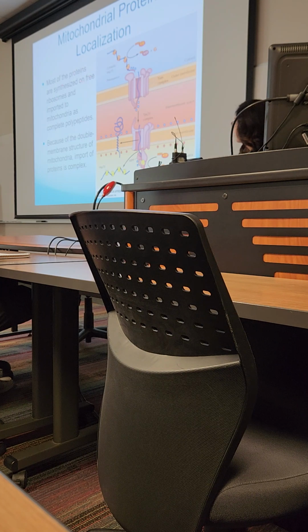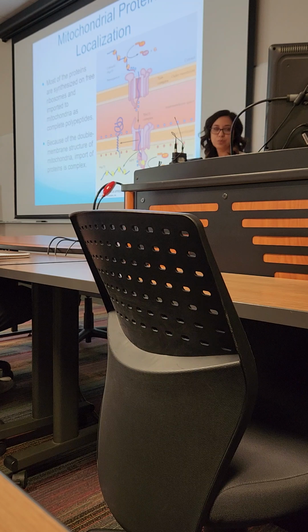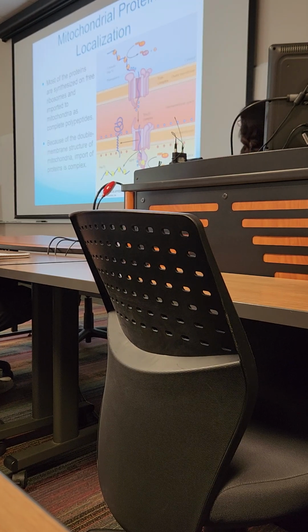Most of our proteins are synthesized on those free ribosomes, and then they come to the outer membrane of the mitochondria. We have a double membrane structure, so we have to go through a complex import into the mitochondria. So in our first picture, we have our molecular players.